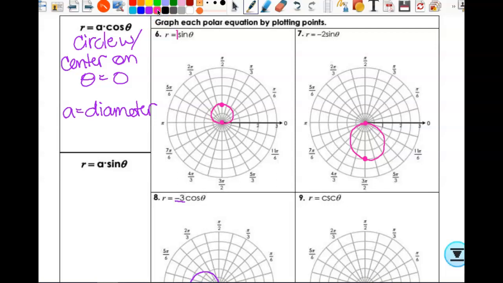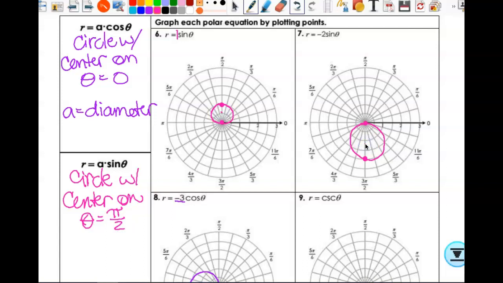When I have r equals a sine theta, then I have a circle with center on theta equals pi halves. So see, here's my center. It's on theta equals pi halves.